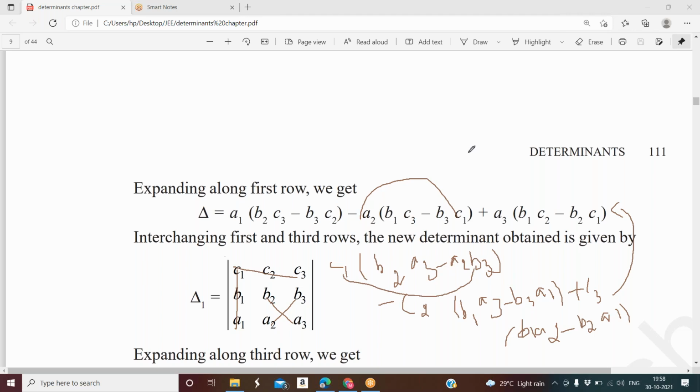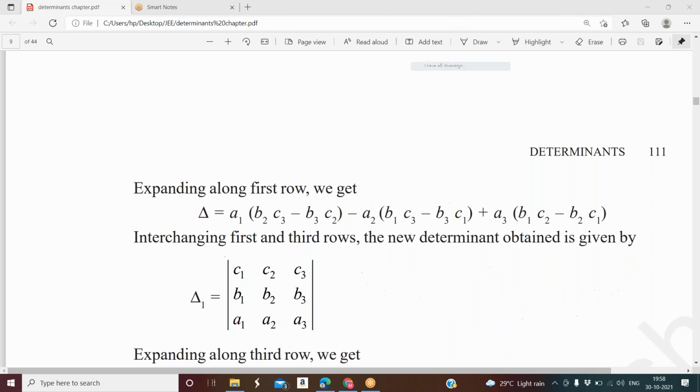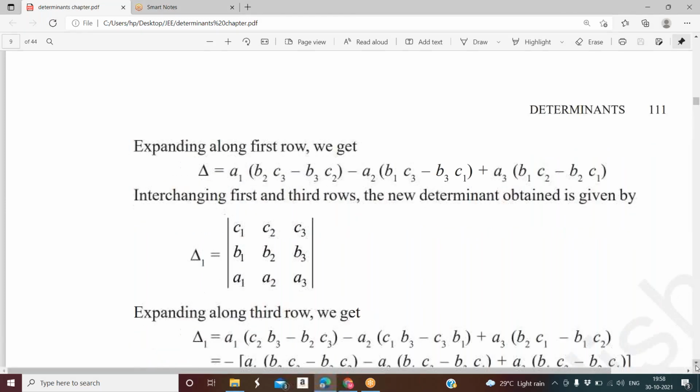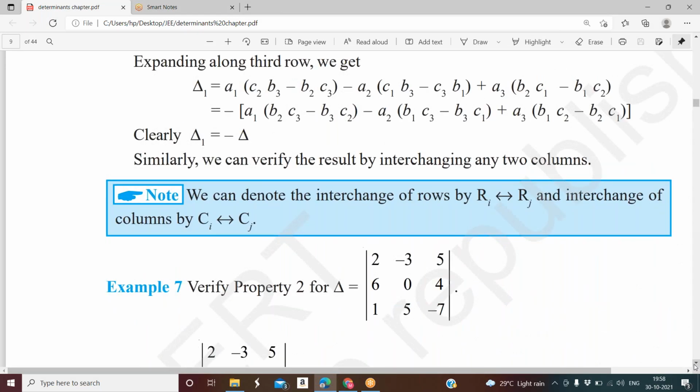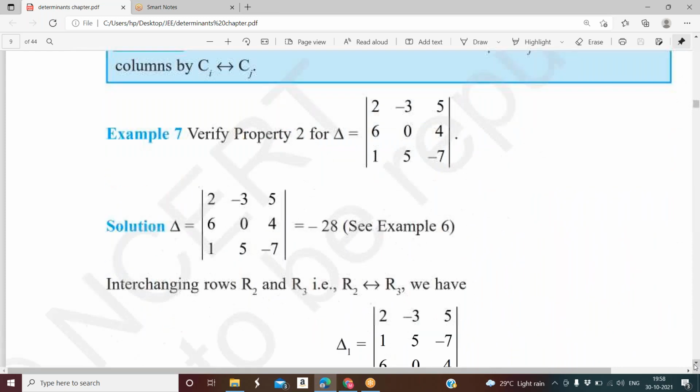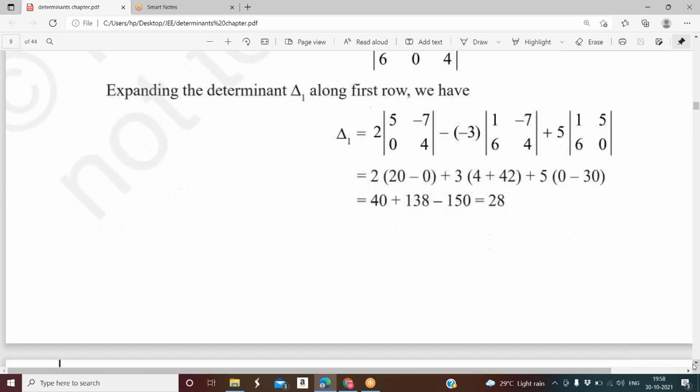So like that, you will be getting the sign changes. So property number 2 is verified in this example. I'll stop with this. We will see in the next class.